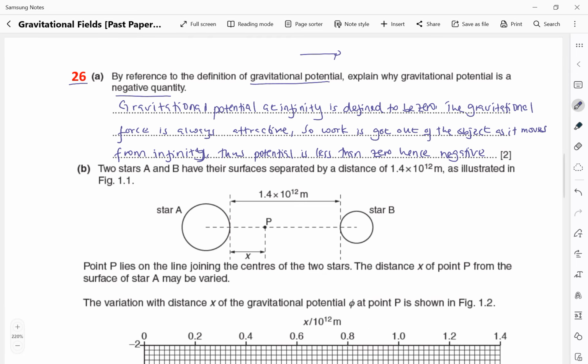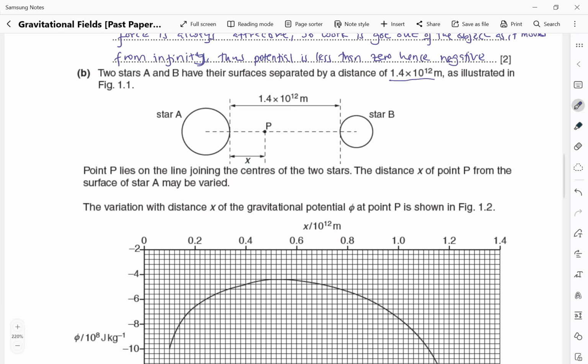Two stars, A and B, have their surfaces separated by a distance of 1.4 × 10^12 meters, as illustrated in the figure. Point P lies on the line joining the centers of the two stars. The distance x of point P from the surface of star A may be varied.